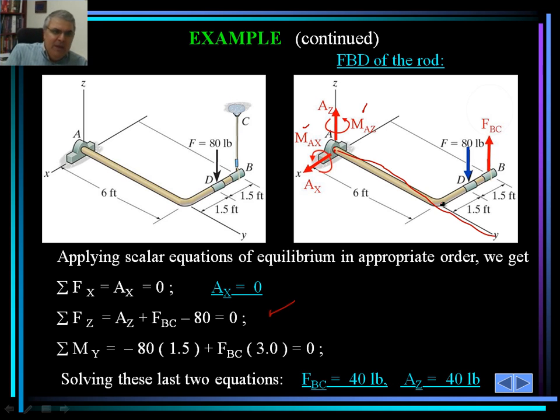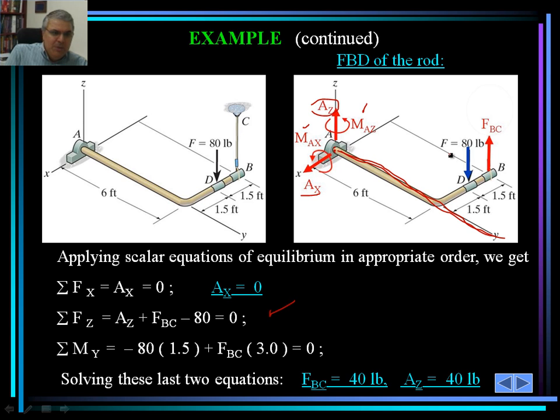And in this way, obviously, M sub A sub z, the A sub z and A sub x is not going to contribute anything to that moment if we take the moment about the y axis. Also, M sub A z and M sub A x, they don't contribute any moment either because the moment is not about the y-axis. So we actually pick the smartest axis to take the moment about.